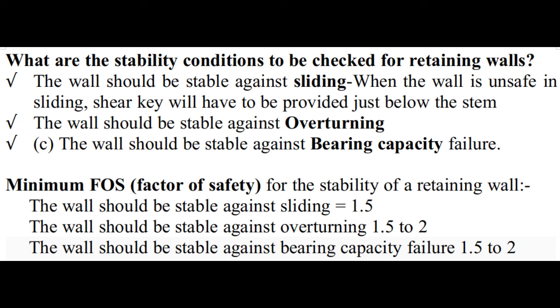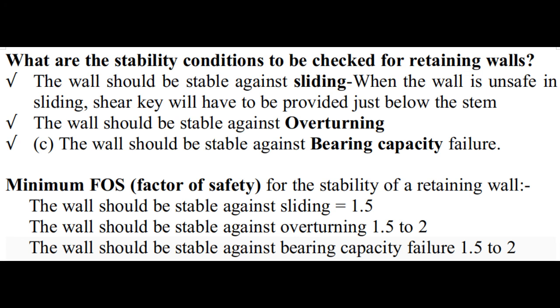I have shown it in the diagram also a few minutes before. The second point is the wall should be stable against overturning, or toppling. And number 3, the wall should be stable against bearing capacity failure. So these are the 3 stability conditions we have to check for the retaining wall.